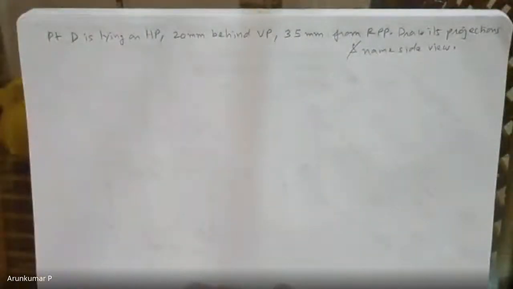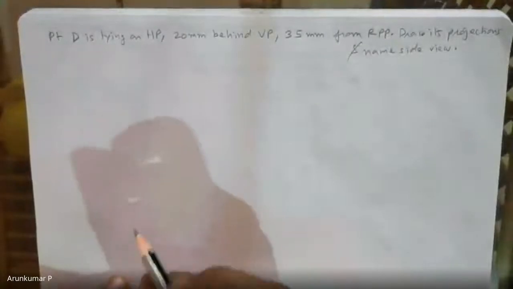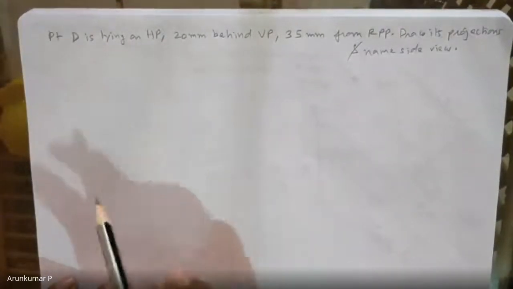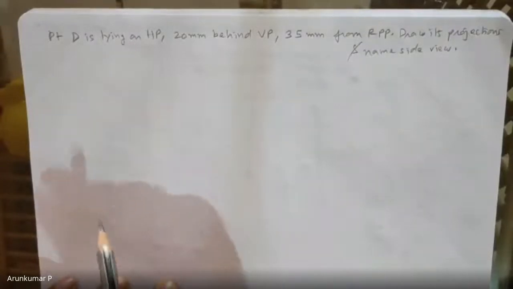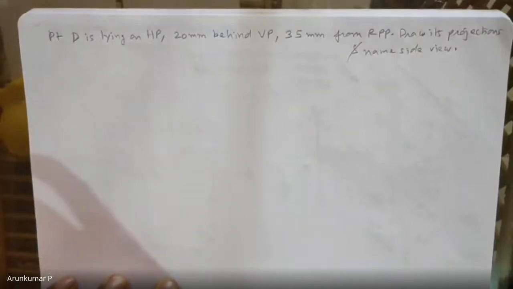Second and third. Exactly. Second and third. Because the point is on HP. So that means it is common to second as well as third quadrant. You can assume it to be either in the second quadrant or in the third quadrant. Both are correct. No problem.